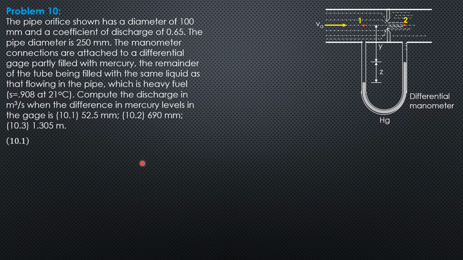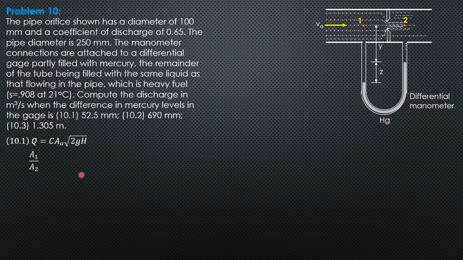So Q equals C_d a_o square root of 2gh, where square root of 2gh is the theoretical velocity at point 2, and area a_o is the area of this orifice, which is 100 mm in diameter or 50 mm in radius. So writing the energy equation between points 1 and 2, neglecting head loss, and with the datum through points 1 and 2.